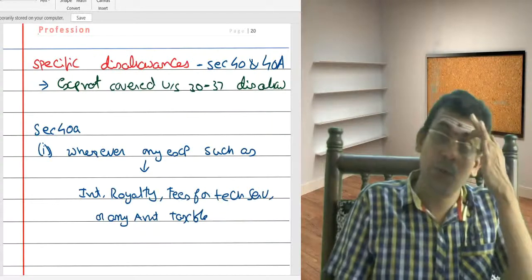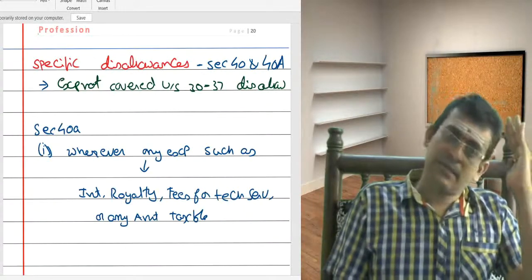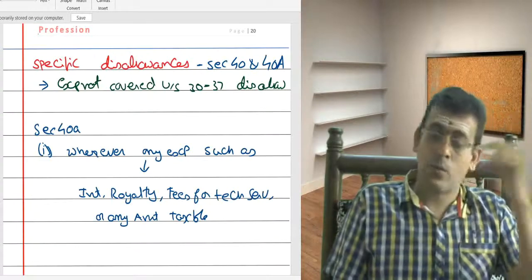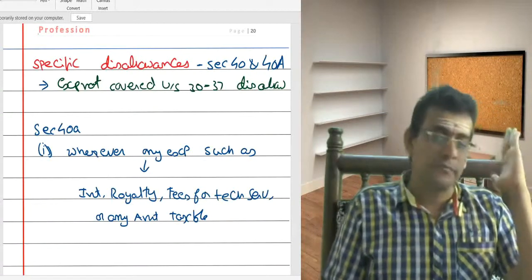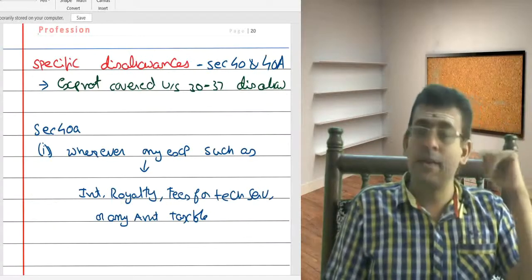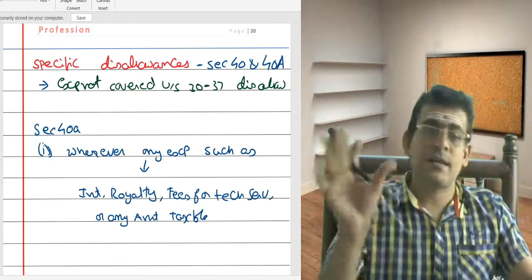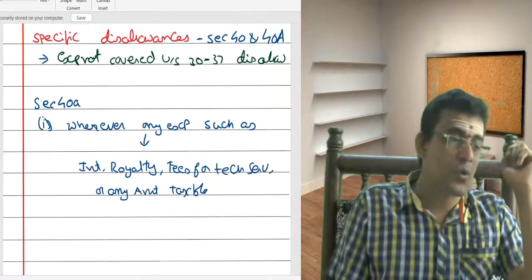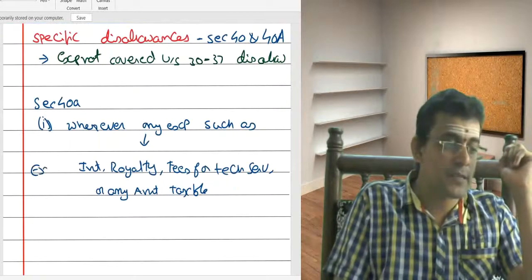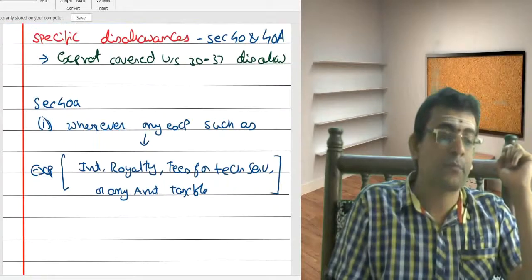So this is going to apply whenever the payment you are doing is interest, royalty, technical fee, or any amount which is taxable. Then we need to see two things: the expenses and the person. We know the expenses, this is the list of expenses you are paying.